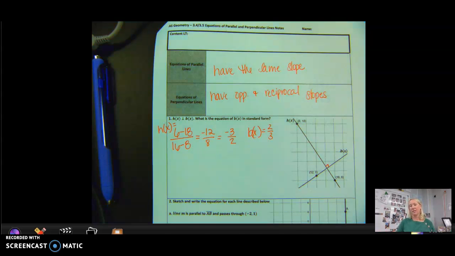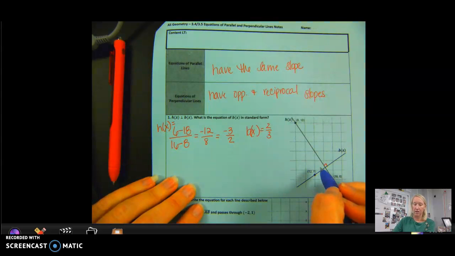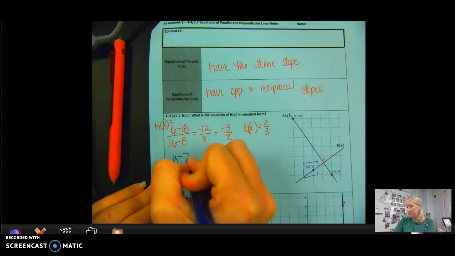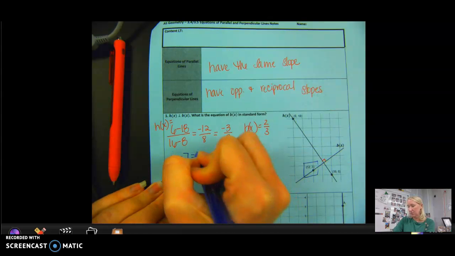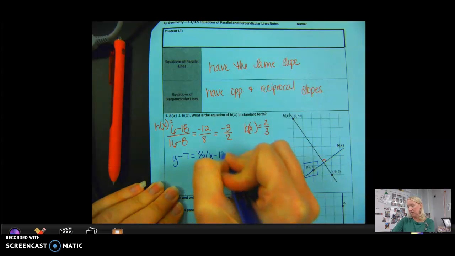So what I'm actually going to do is put this into point slope form and then take point slope form and move it to standard form. So point slope form, I am going to go ahead and use this point right here. That's the only point I can use because there is no other point on there. So that is y minus my y of 7 equals my slope of 2/3, parentheses x minus my x of 12.